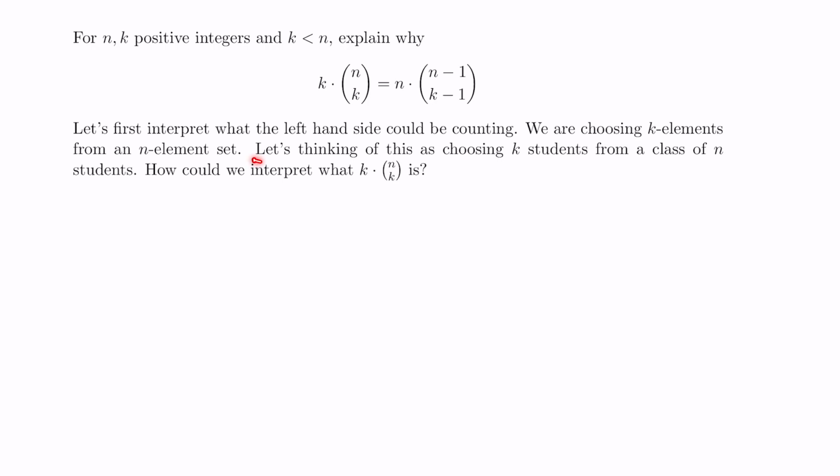Like, let's think of this as choosing k students from a class of n students. What would this additional factor of k do? It would be like distinguishing, after you've selected your group of k students from the class of n students, one particular student. Maybe we can think of that student as being the leader of the group of k students you selected.